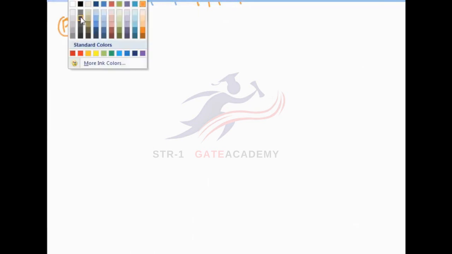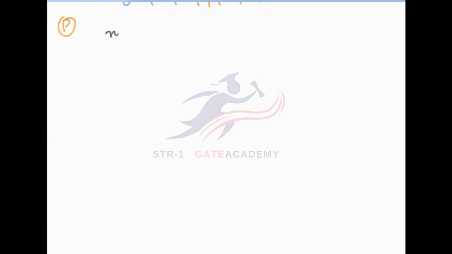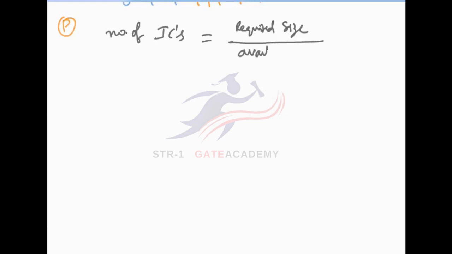Okay. And in this another expected type question is finding number of ICs. So general formula is number of ICs required is required size upon available size. Okay, one example I am explaining here.